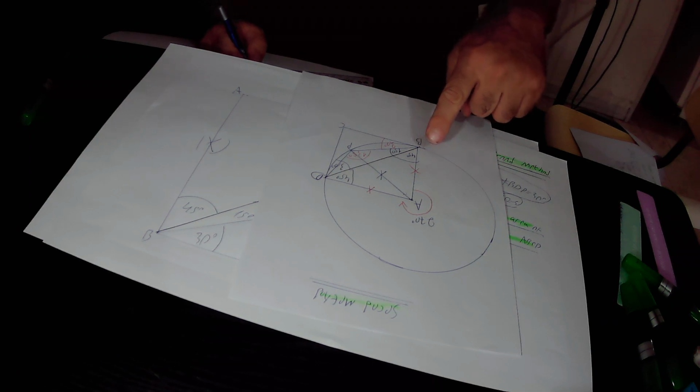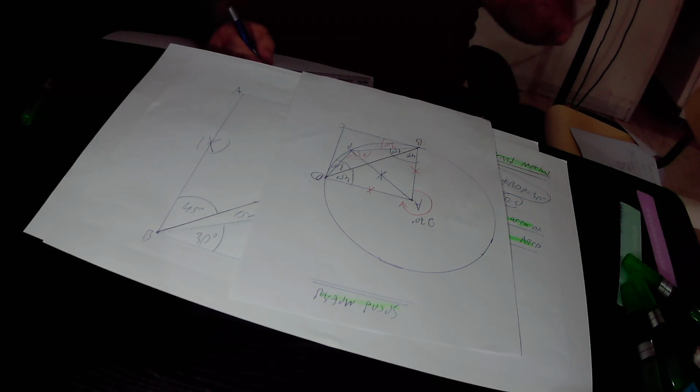Repeat again, angle ABP equals 60 degrees in size. 45 degrees plus 15 degrees is 60 degrees.